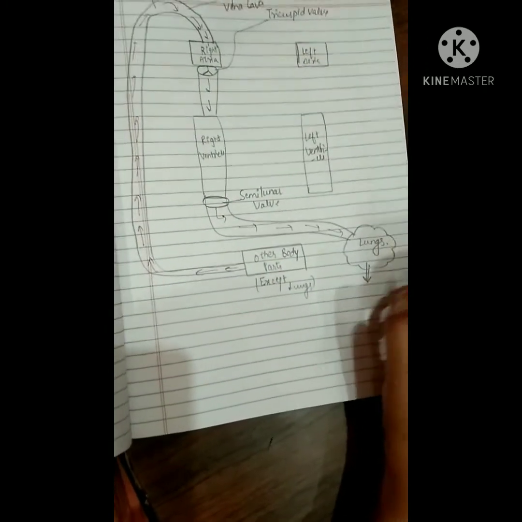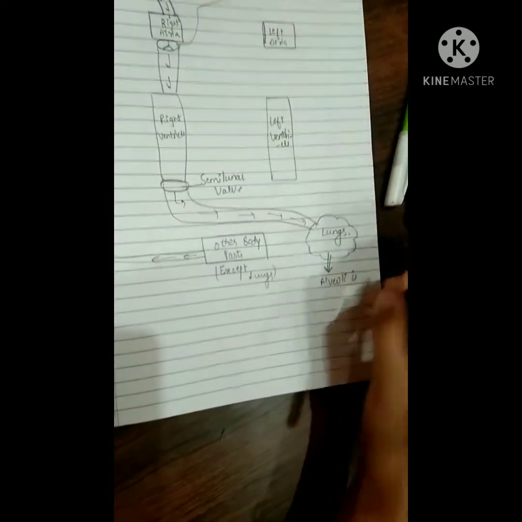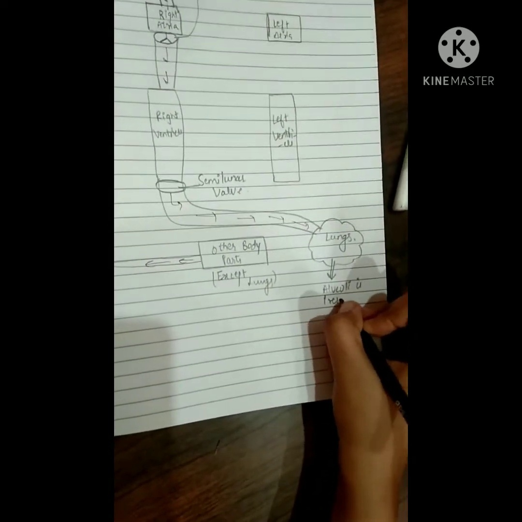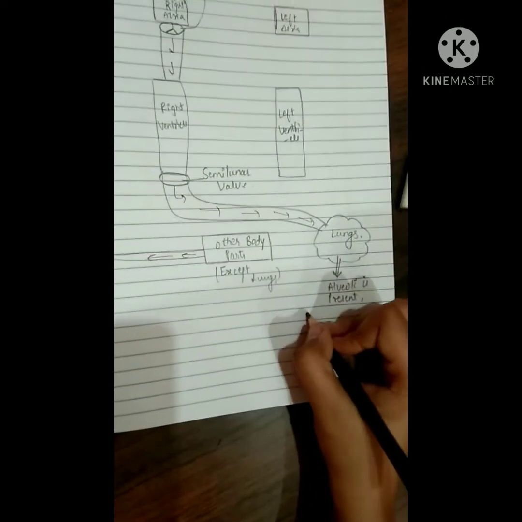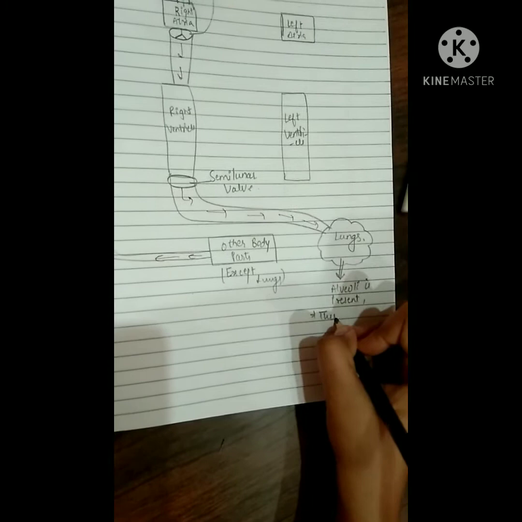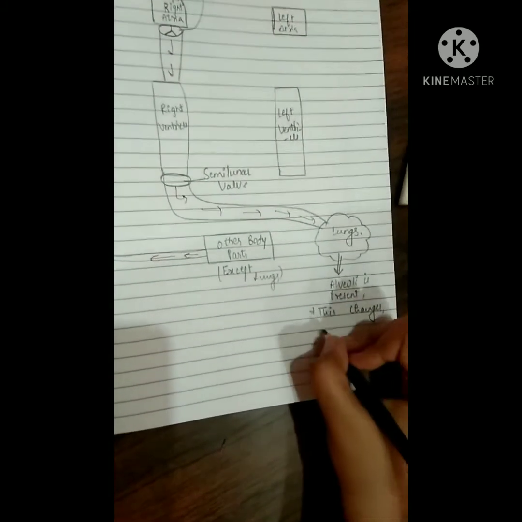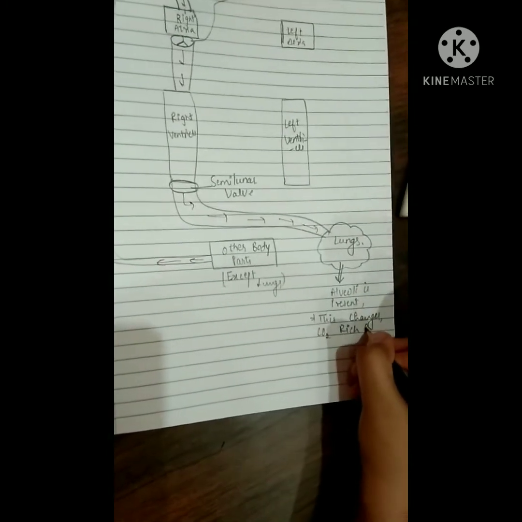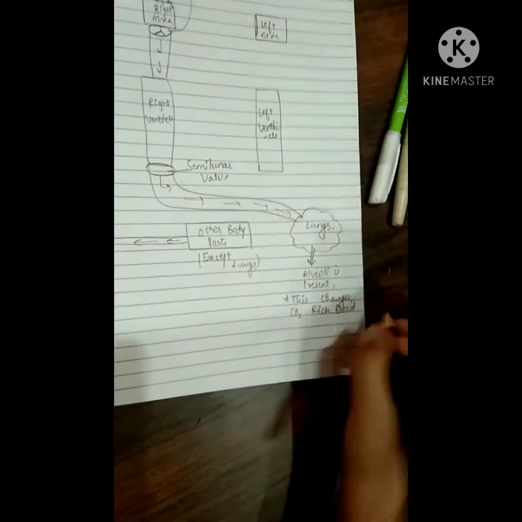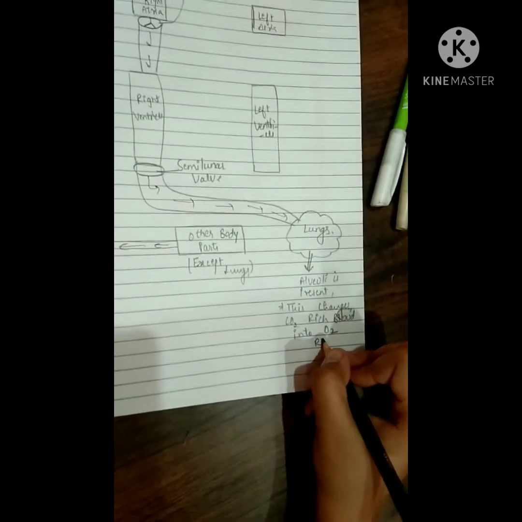As we know, in the lungs alveoli are present, which are the site for exchange of gases. This changes CO2 rich blood into O2 rich blood.